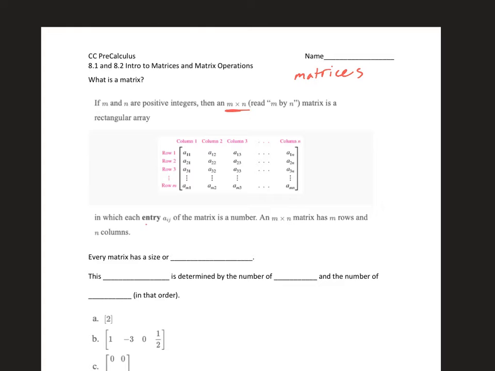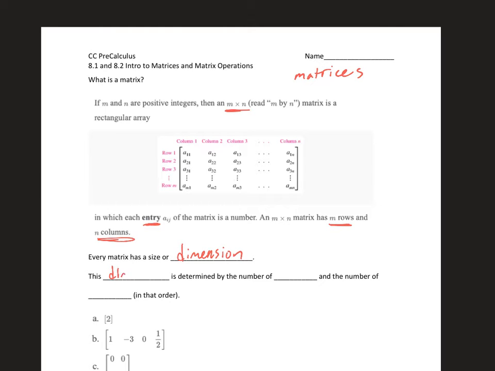Each part of a matrix is called an entry. You don't really need to know about these subscripts. That's just how they're cataloging each entry. They're telling you an m by n matrix has m rows and n columns. So going back to that idea, every matrix has a size, or it's called a dimension.